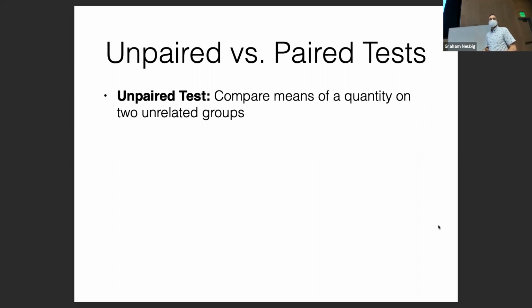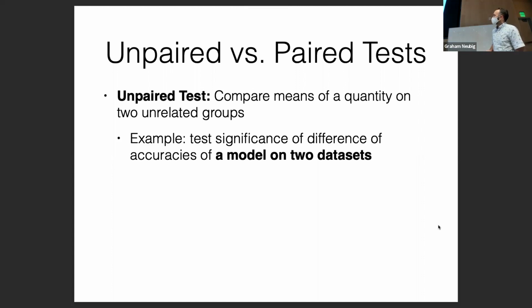So this would be suitable, for example, for trying to test the significance of a difference of accuracies of a model on two data sets. Like, let's say we have one model and we want to test whether its accuracy is different across two different data sets created with a different methodology. An unpaired test would be appropriate for this.